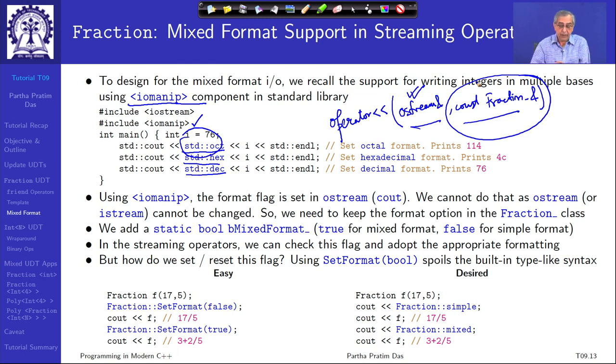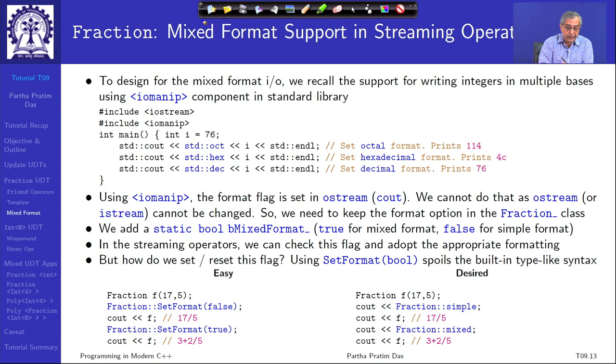So, what can we think of? We can think of having a static bool flag, which I can set to true to mean mixed format and false to mean simple format. Now, what if I do that, then what will the output stream operator do?